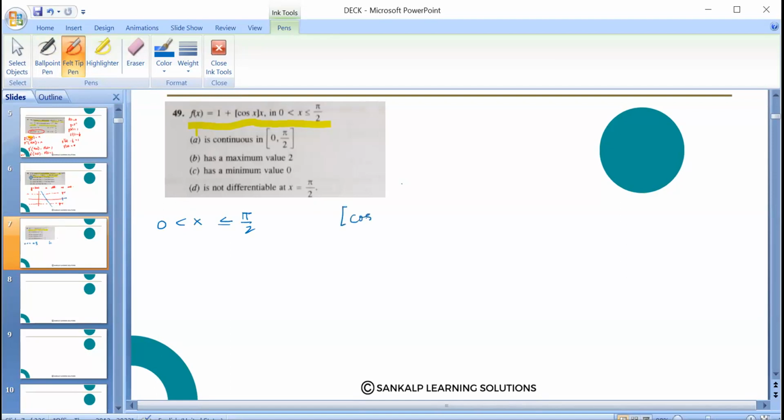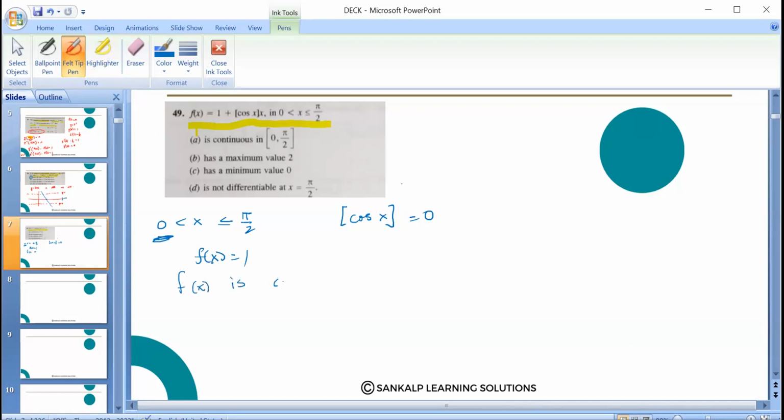So greatest integer function of cos x will be 0, the least value. So f of x will be just 1 for all x between 0 and pi by 2. That means it is y equal to 1.